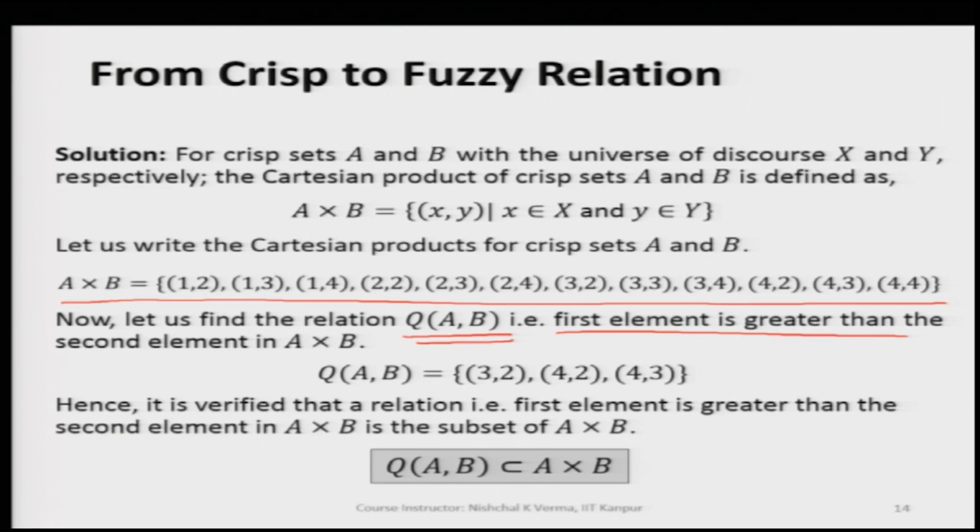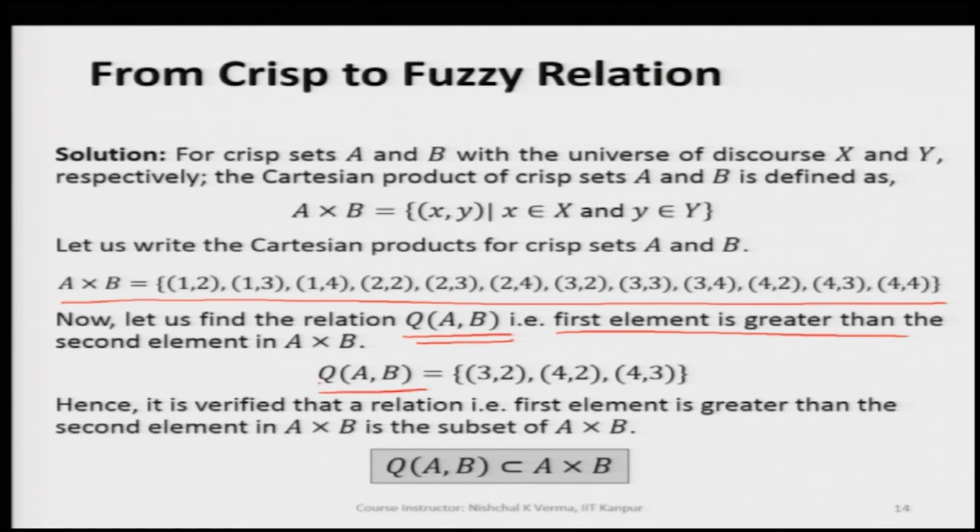Now, we put the condition that the first element in all the pairs should be greater than the second element. If we put this condition, we will find a few pairs where this is true. Based on that, we pick those pairs for which the condition is satisfied, and the Q A B relation is based on that condition.